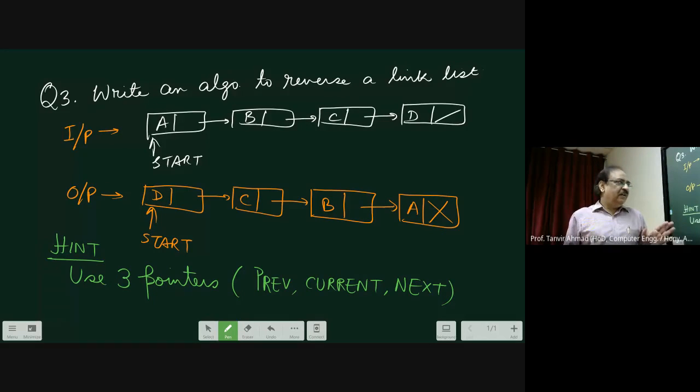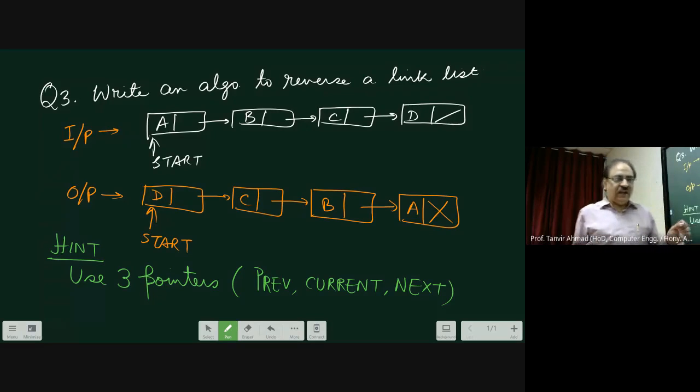Now if I start with the first node, current contains start, whereas previous and next will initially contain null values. That means put current equal to start, previous equal to null, next equal to null. Then you perform an iteration. You iterate in a loop.